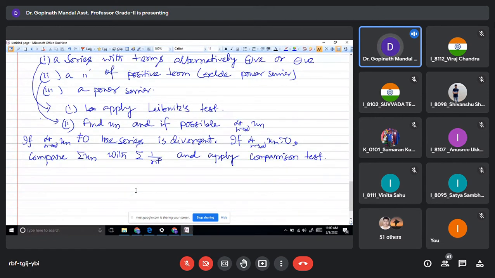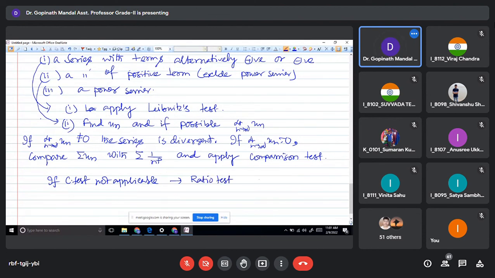Now, if the comparison test is not applicable, then apply the D'Alembert ratio test.